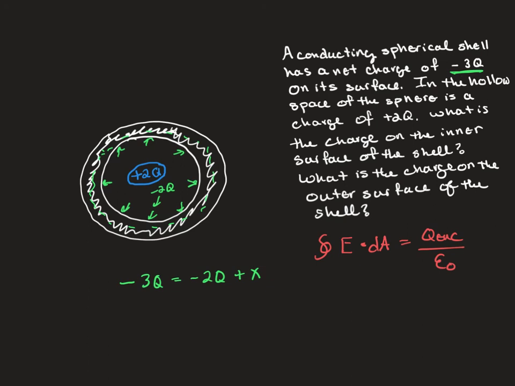So negative 3Q plus 2Q, solving for x, is going to equal negative 1Q. So that means distributed along the outer part of the shell is going to be a negative 1Q.